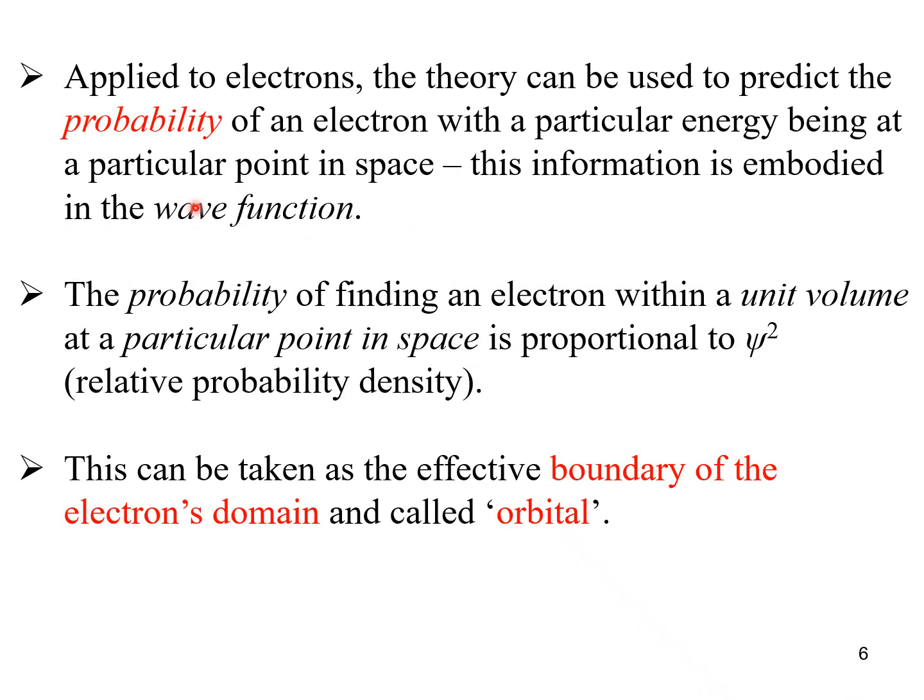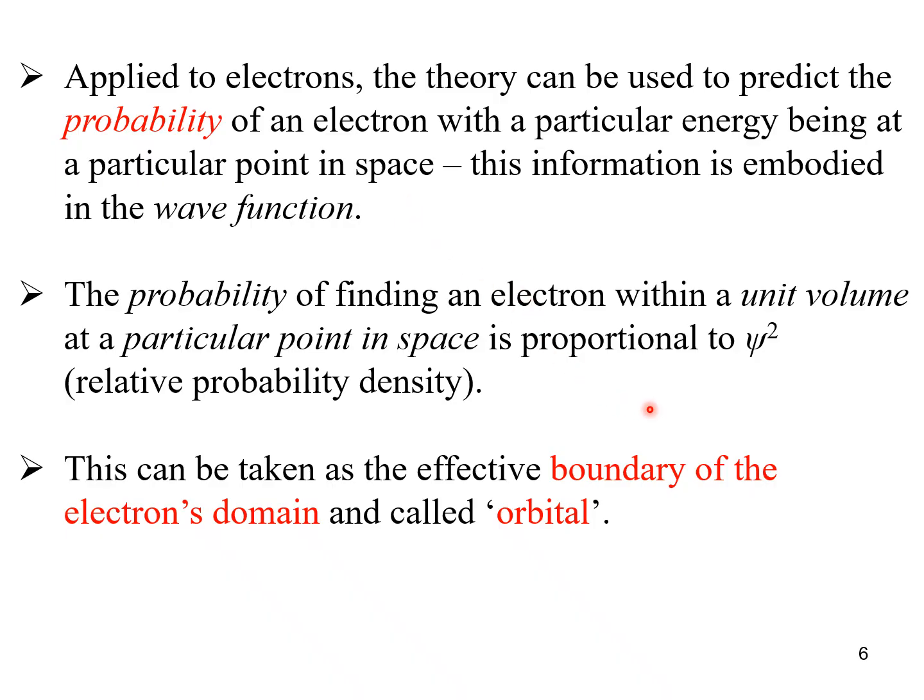When this quantum theory is applied to electrons, the theory uses the wave functions to predict the probability of finding an electron with a particular energy at a specific point in space. This probability is measured as the relative probability density.